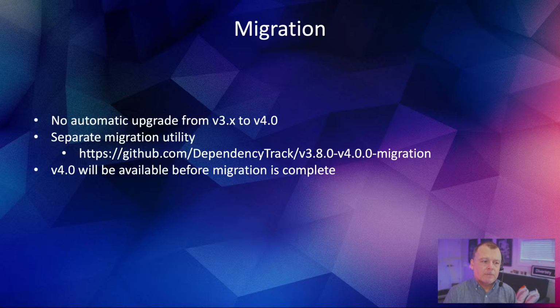We really want them to start benefiting from 4.0 and what we're going to be doing for 4.1 and 4.2 sooner, rather than having to deploy 3.8 and then start migrating. We want to get 4.0 to as many hands as quickly as possible, and then worry about the migration and really start concentrating on getting that migration right. So that's going to be an ongoing process.